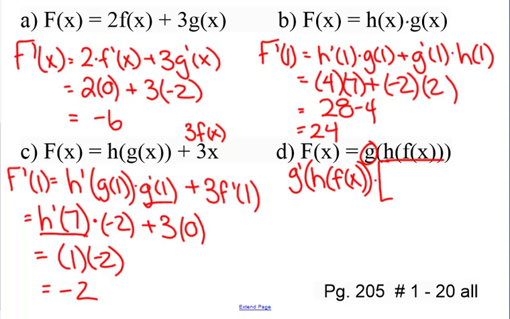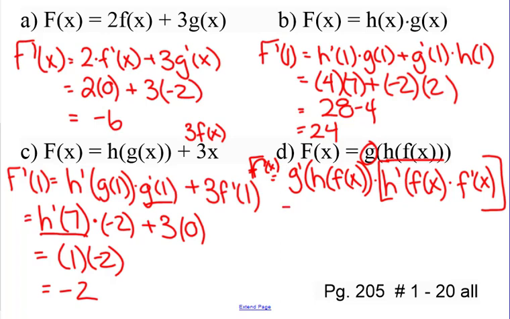Well, the derivative of our inside stuff is another chain rule. So this is like a chain rule in a chain rule. So within there, we're going to have our h prime of f of x times our f prime of x. I think I've got all my brackets. All right, so now let's start putting stuff in. And I guess I should label it, or capital F prime.